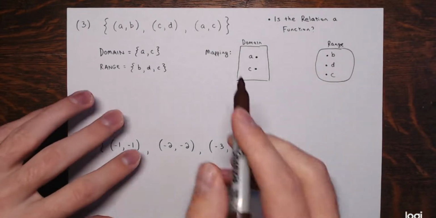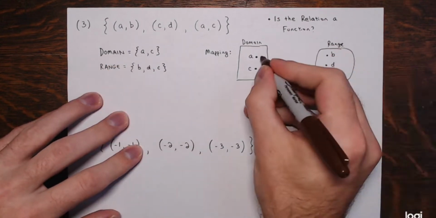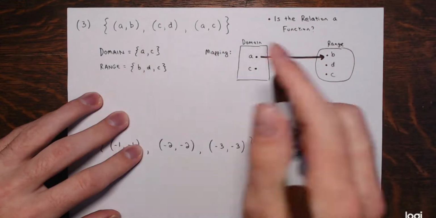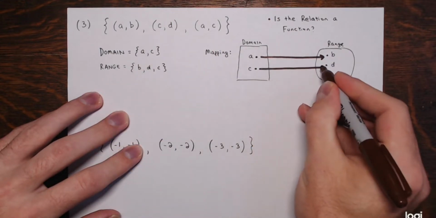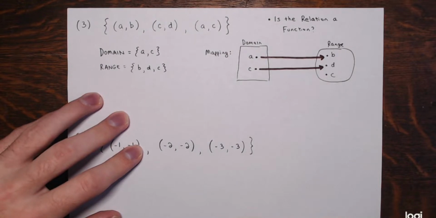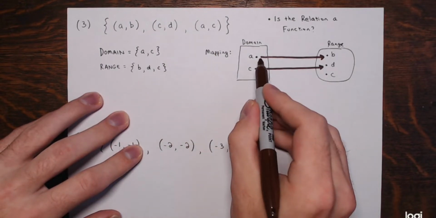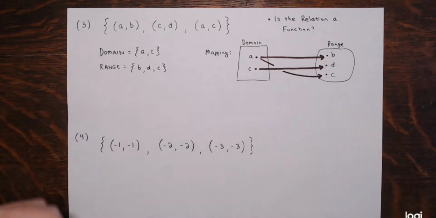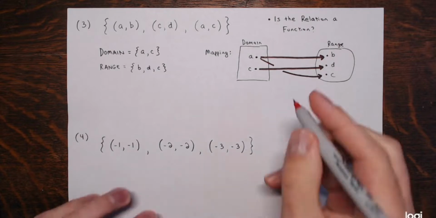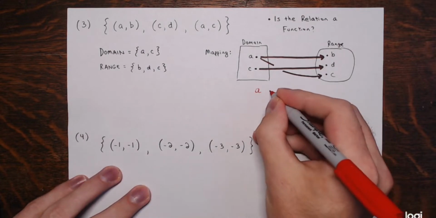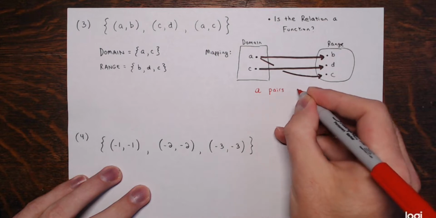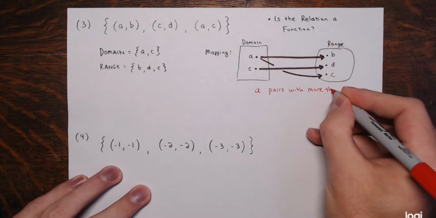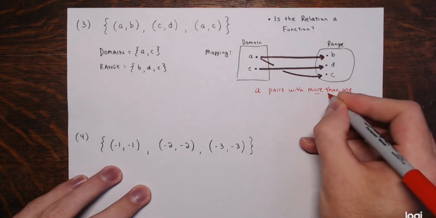We see A pairs with B, the ordered pair A, B. So A pairs with B, I draw an arrow. C pairs with D. C from the domain pairs with D from the range. And A pairs with C. So A back to A again, there's another arrow coming to C. But you see element A pairs with more than one element of the range.